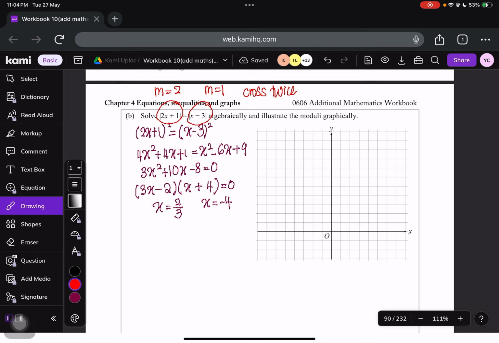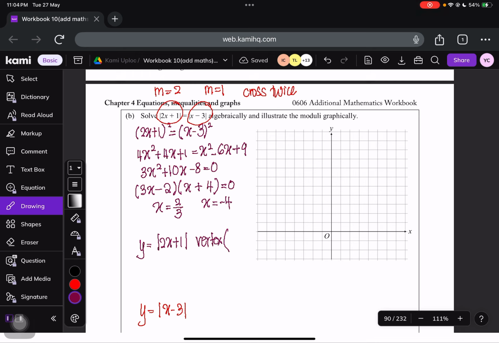Now let's draw the graph. So I have 2 equations. One is y equals modulus of 2x plus 1. The other one, I want to put it as red, is y equals modulus of x minus 3. Now I want to find the vertex first. That's the first thing we do. What is the vertex here? What do you think? 2x plus 1.